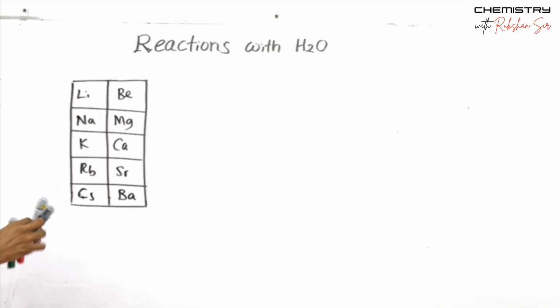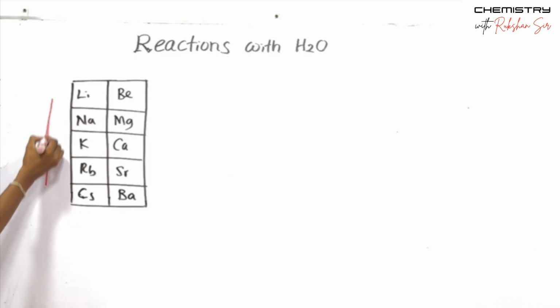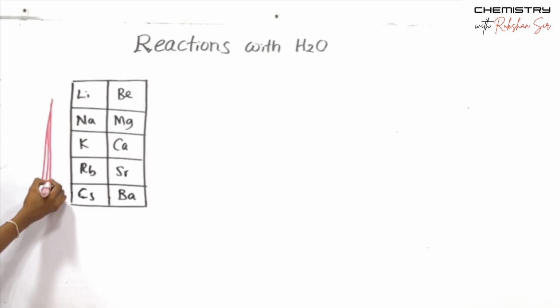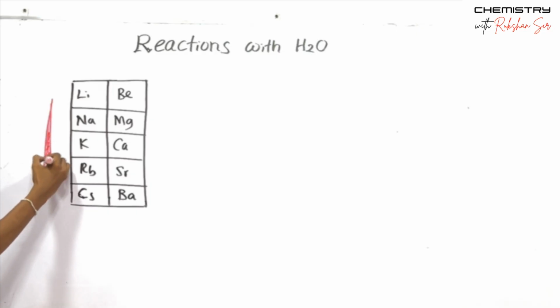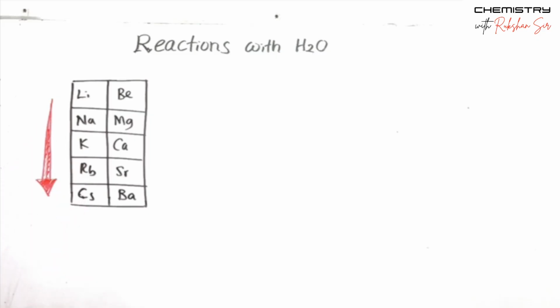If you consider this block here, going down as atomic size increases, the ability to get oxidized will increase, so that reactivity will increase. Going down, the reactivity will increase.